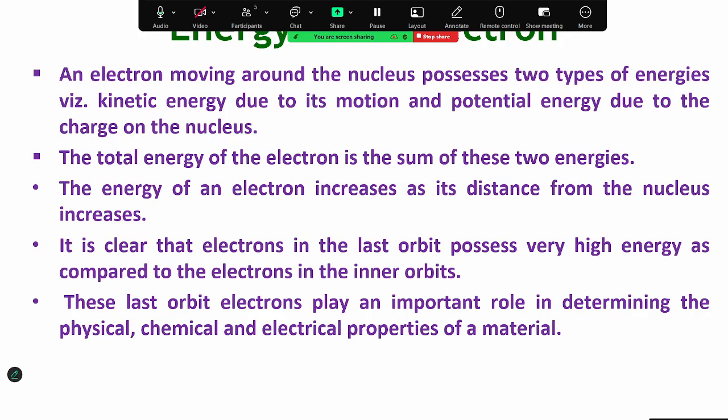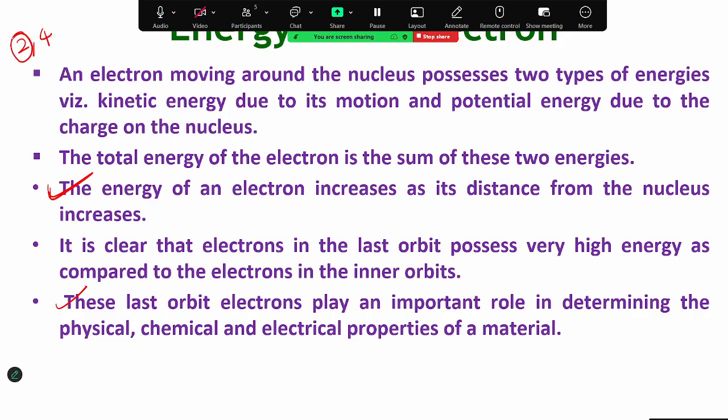Energy increases as the distance from the nucleus increases. This potential energy and kinetic energy increase as you increase the distance from the nucleus. So we can say that electrons in the last orbit have high energy compared to the electrons in the inner orbit. I told you about carbon, 2, 4.